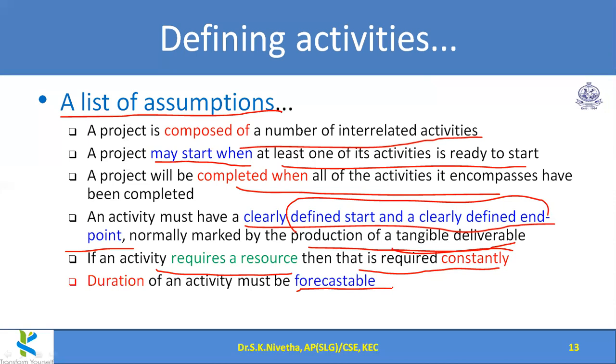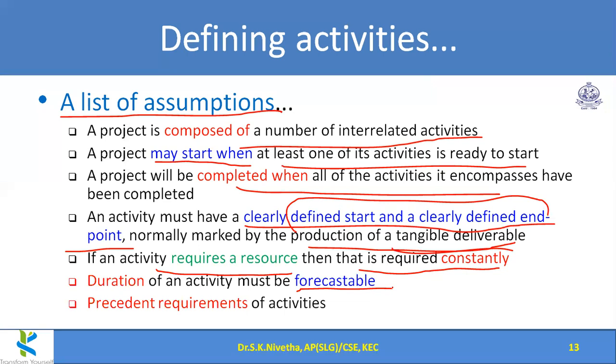So these are all the list of assumptions, and we have to define what the precedents are for any activity. Like before starting this activity, these are all the things that must be completed or already available. Like for studying SPM, the prerequisite would be software engineering.